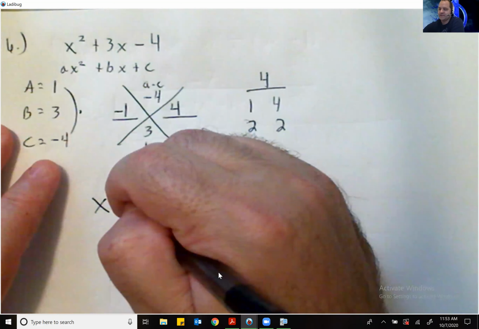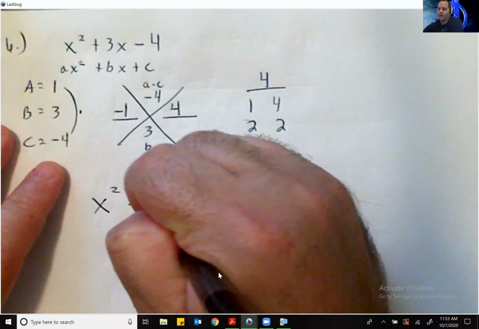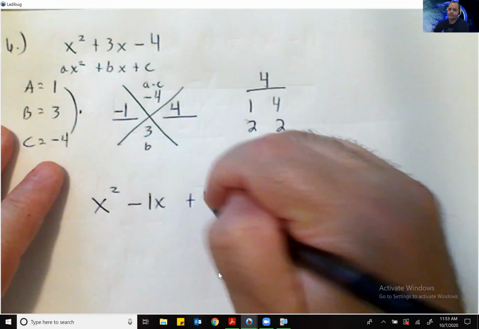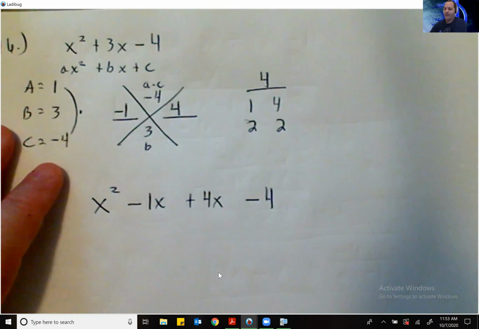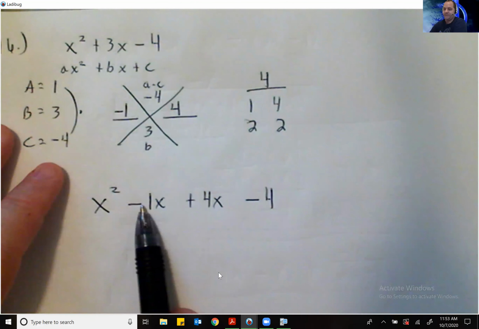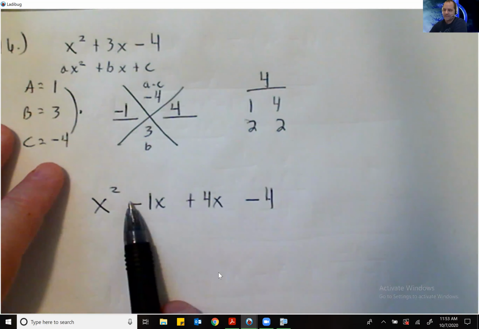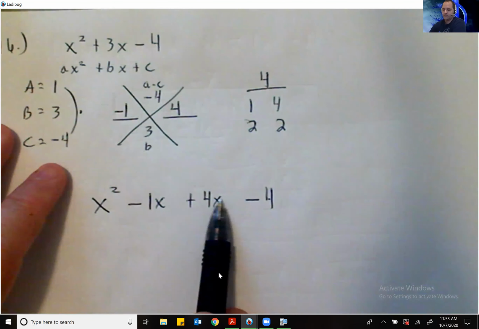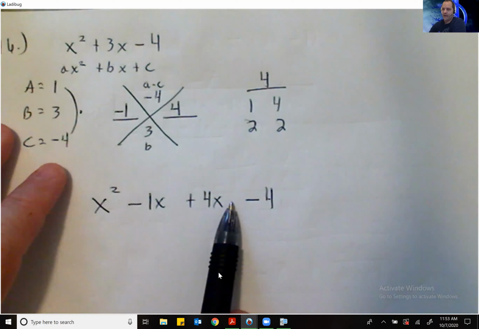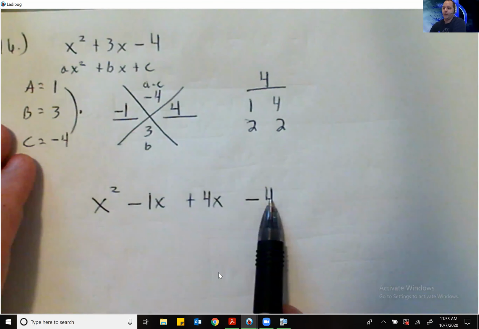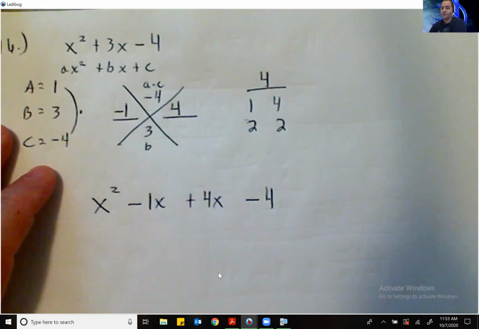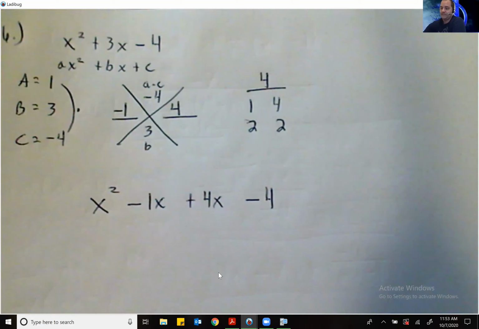So you've got minus 1x, and you've got a positive 4x. Again, it doesn't matter the order of these. I could put the plus 4x first, and then the minus 1x. Okay? So the beginning and the end stay the same, and in the middle go the 2 numbers you found from the X games. And now all this is grouping, what you just did.